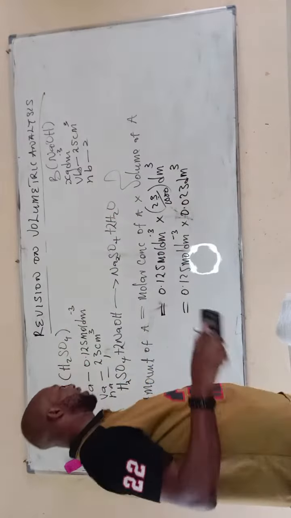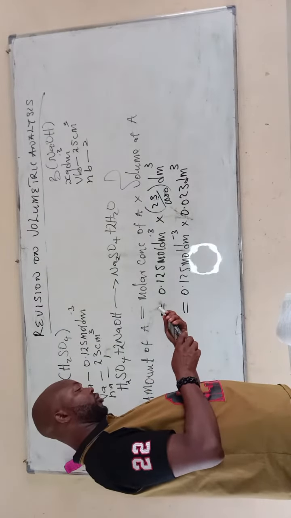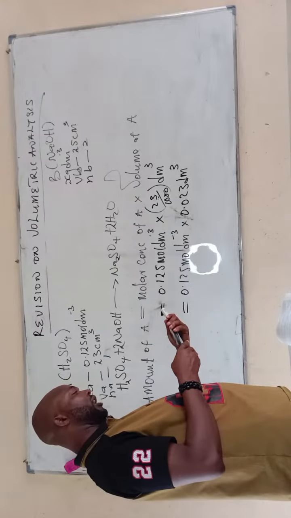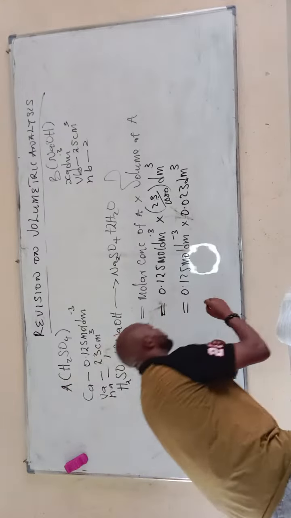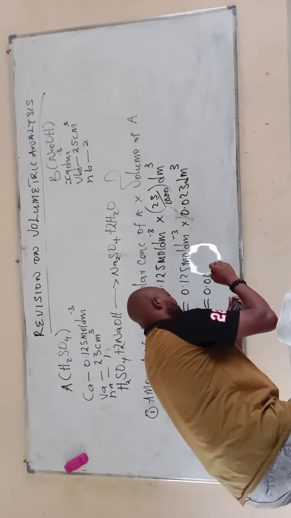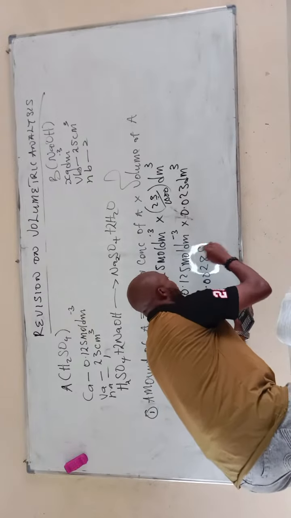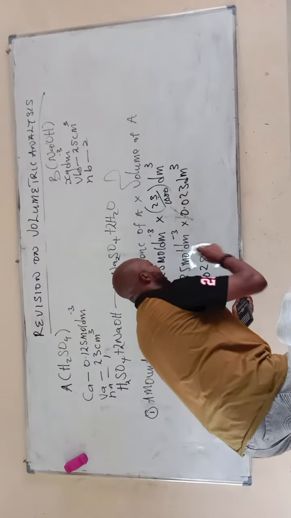Now, when we multiply that with 0.125, we are having 0.002875, approximately 0.00288 mole.